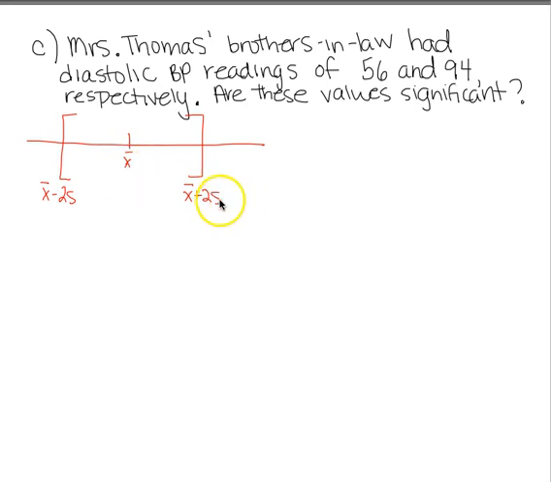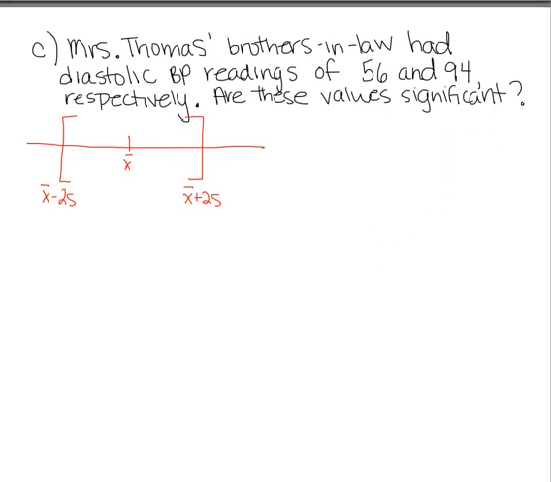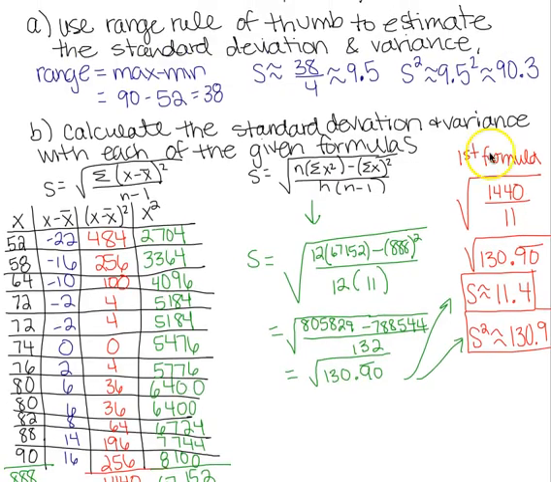So when we are looking at this, we need to use our X bar from our data, and we need to use our standard deviation from the data. Now, because we calculated the standard deviation with the formula and with the range rule of thumb, we're going to use the formula because it's generally more accurate than this dividing by 4 formula. So we're going to use the 11.4 for our standard deviation.